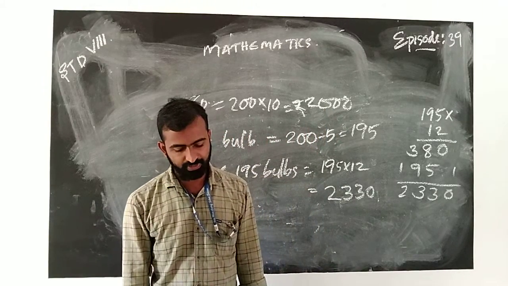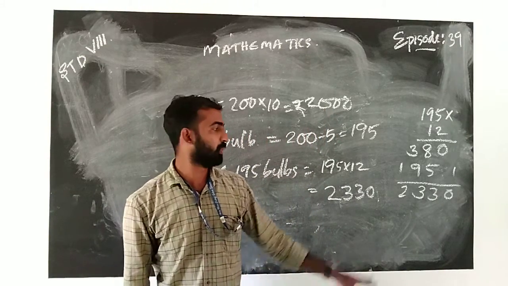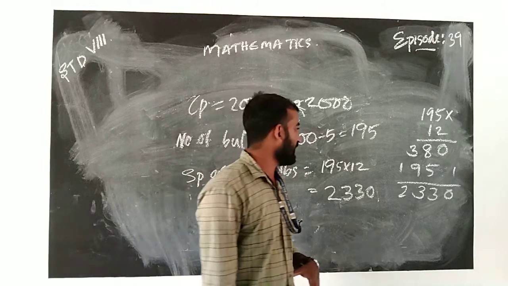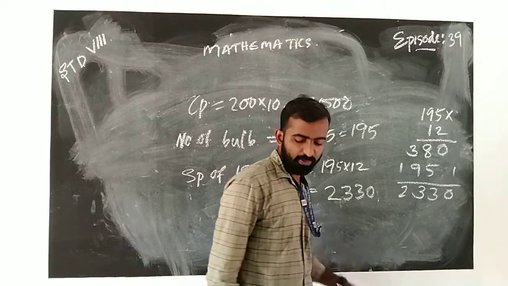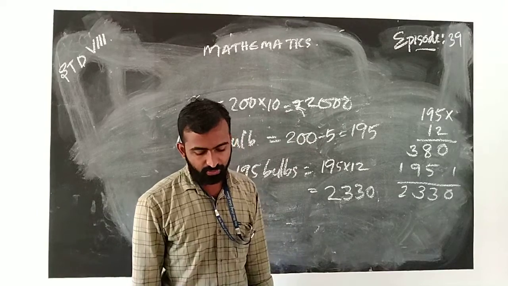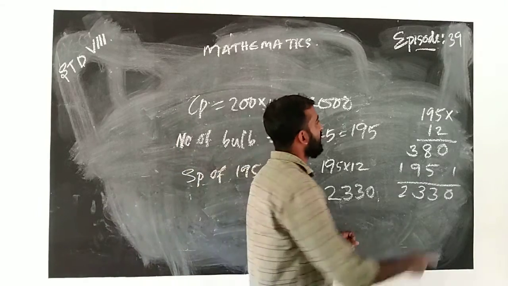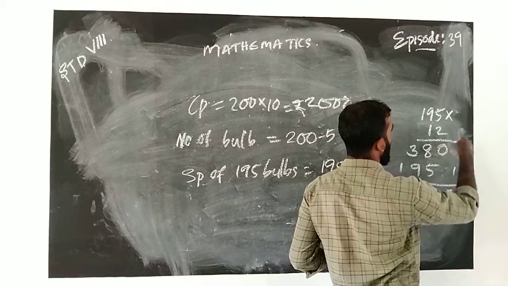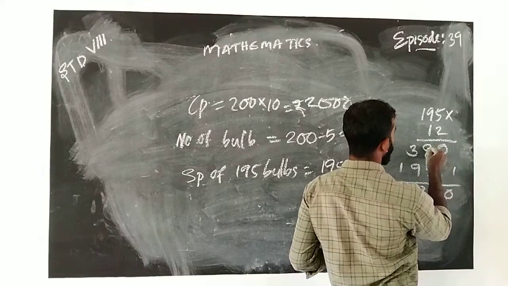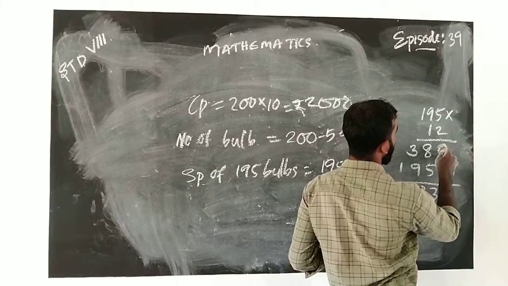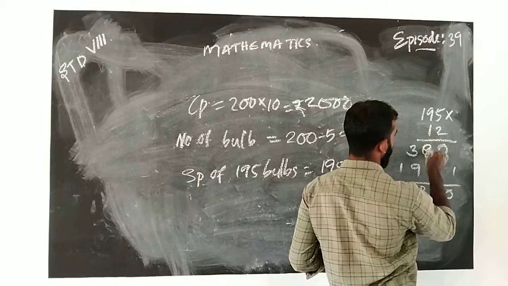When we multiply 195 into 12, we get 5 into 2 is 10, 1 is carry on, 19.